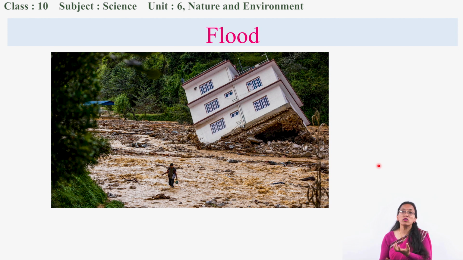Then how does flood occur? Flood is occurring in our country because of two reasons. One is very heavy rainfall and another one is glacier lake outburst. Those two are caused by the climate change. Due to climate change, sometimes there is very heavy rainfall, sometimes there is drought, that means an untimely change in the weather also.